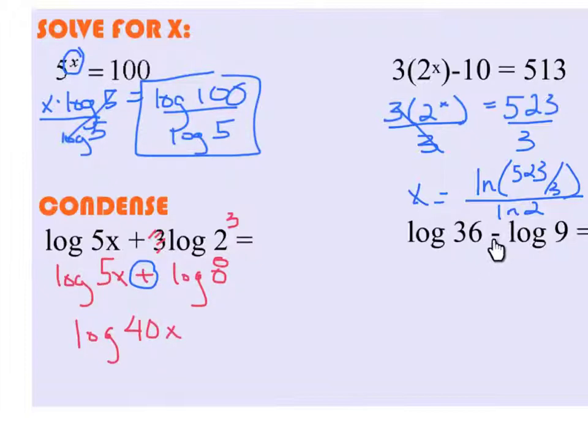When we're subtracting logs, we divide. So 36 divided by 9 becomes the log of 4. Now these rules should have been proven for you in pre-calc, and they really are just a restatement of the exponent rules.